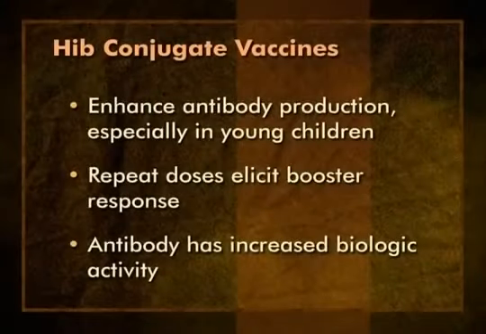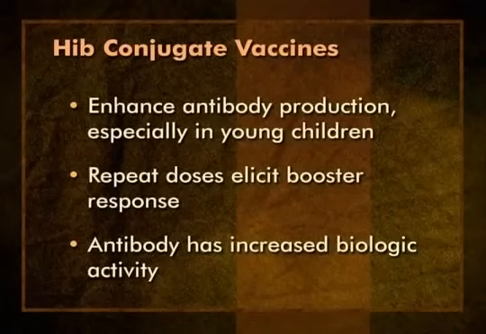The limited effectiveness of polysaccharide Hib vaccine was improved by a process known as conjugation. The idea is to link a poor antigen, the polysaccharide, to a good one, a protein. Conjugation enhances antibody production, especially in young children. Repeat doses elicit a booster response, so antibody titers go up with every dose.